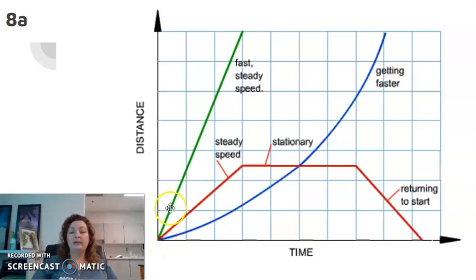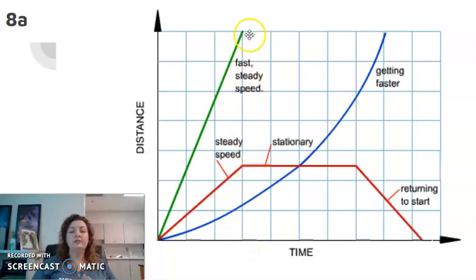Now, if you look at this green line, it's linear, right? And it's a straight line in a positive direction. We know from looking at this, as distance increases, time is also going by, right? Now, because this line is so steep, we can say this is going really, really fast because it's covering a whole lot of distance in a short amount of time.